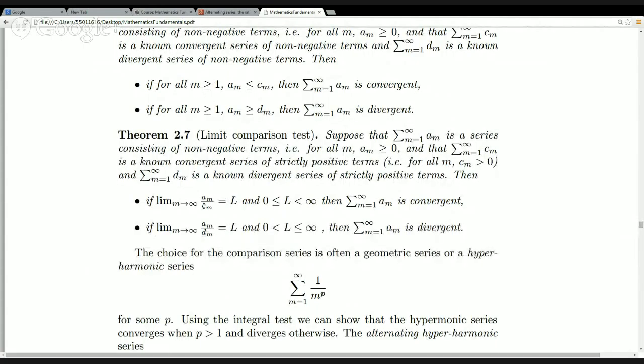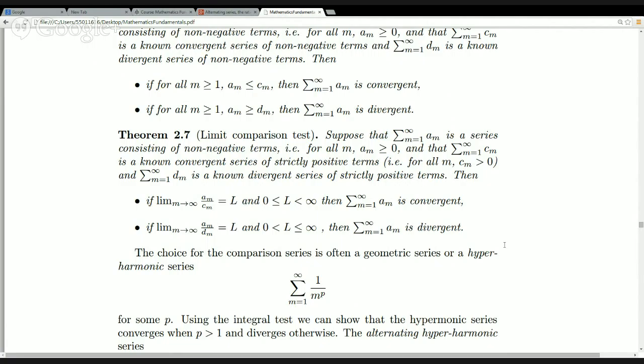If that limit has a value, so the ratio is tending to some limiting value, then the series you're looking at has the same behavior as the comparison series. You can think of it as saying that in the long run, the terms of the series you're examining act like some fixed multiple of the terms from the known series. Because one is just a rescaling of the other, if one converges, so will the other, and if the comparison one diverges, so will the series you're examining.